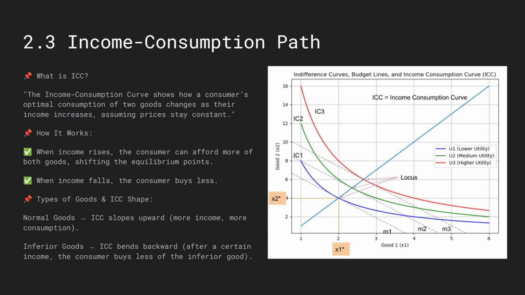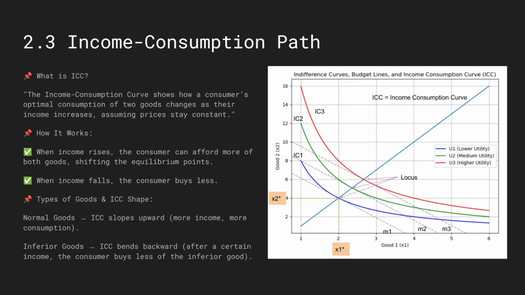Now, what happens to a consumer's choices when their income changes, when their income increases or decreases? That's where the ICC curve, or income consumption curve, comes in. The income consumption curve shows how a consumer's optimal consumption of two goods changes as their income increases or decreases, assuming the prices stay constant.